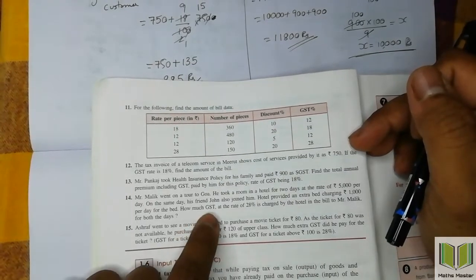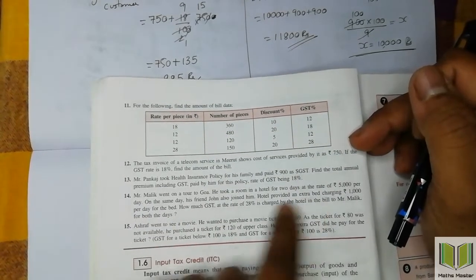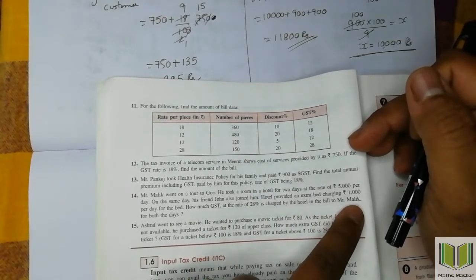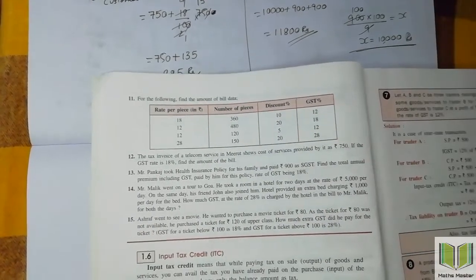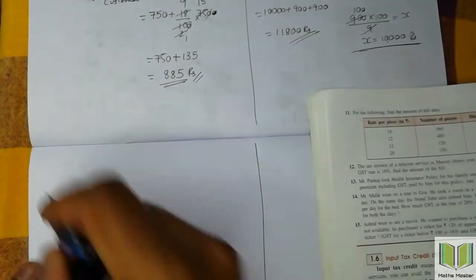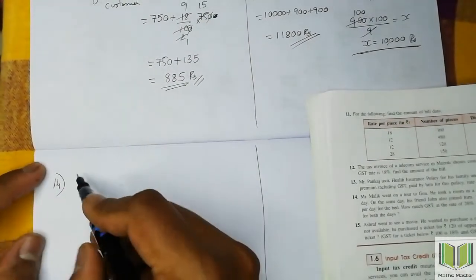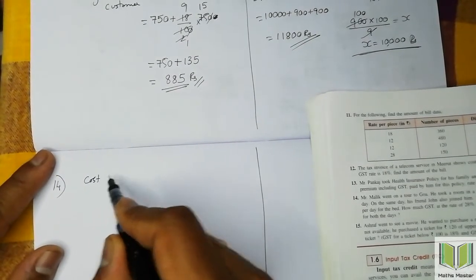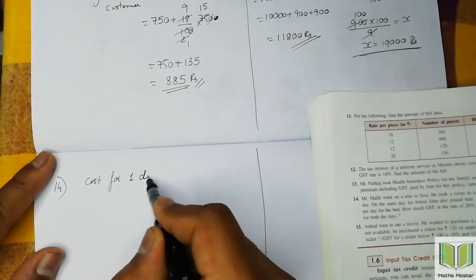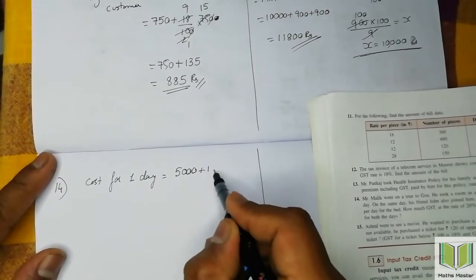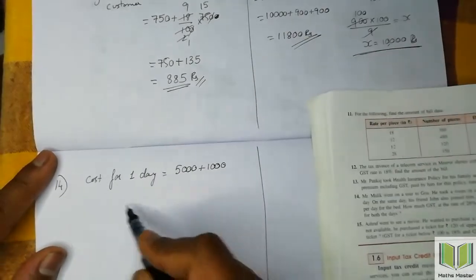Now, how much GST at the rate of 28% is charged by the hotel in the bill to Mr. Malik for both the days? In this 14th question, it is clear that they stayed for 2 days. The cost for 1 day will be equal to 5,000 plus 1,000 because John is included.